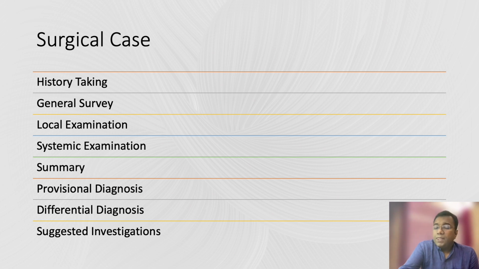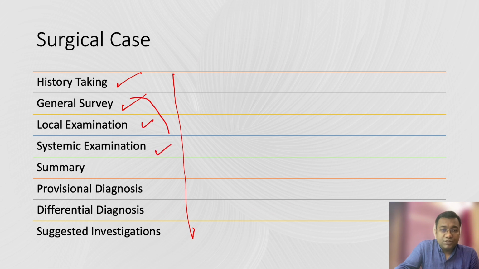Just to recapitulate, your surgical case will be written like this. Start with history taking, general survey, local examination, and systemic examination. These three are part of examination. We will be having another presentation on general survey, local examination, and systemic examination.